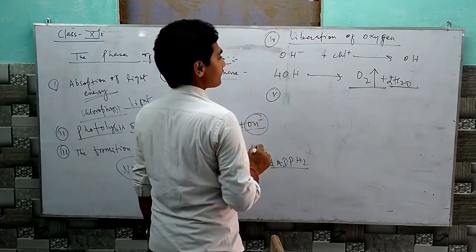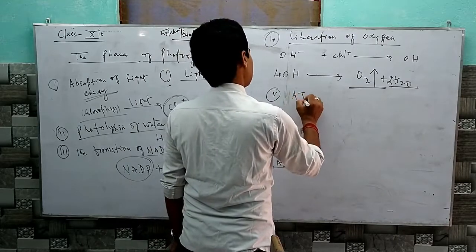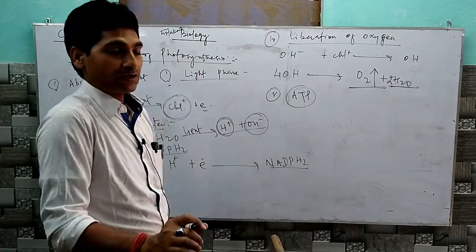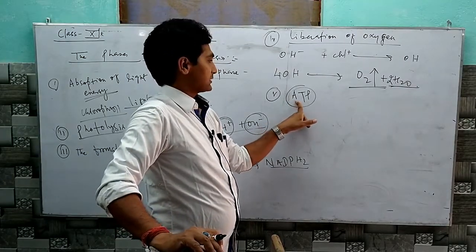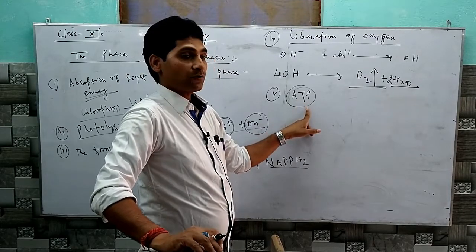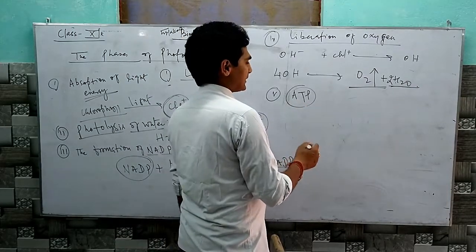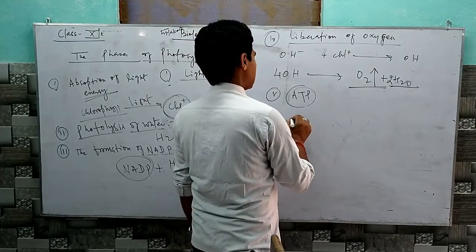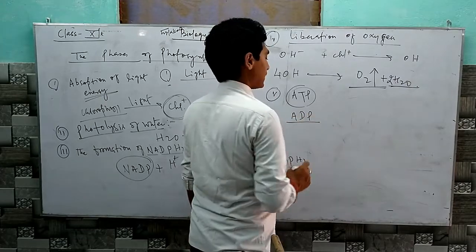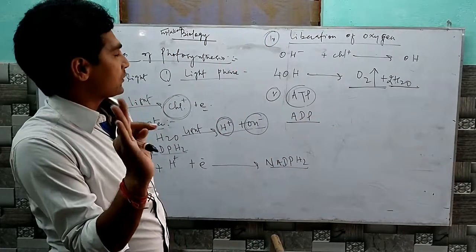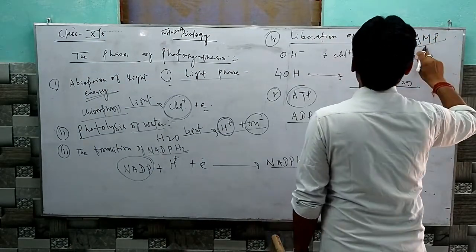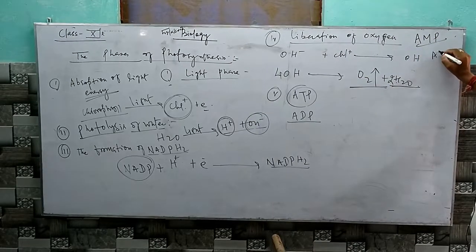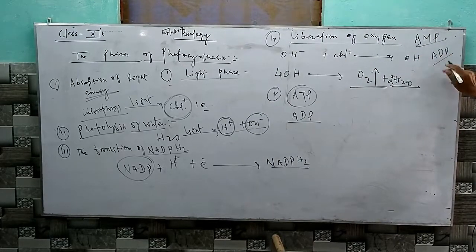And the fifth step is the formation of ATP, adenosine triphosphate. It is the energy currency that is formed in the process of the light phase. And in what manner is it formed? In the living cell there are three different energy currencies, that is AMP, adenosine monophosphate, ADP, adenosine diphosphate, and ATP, adenosine triphosphate.